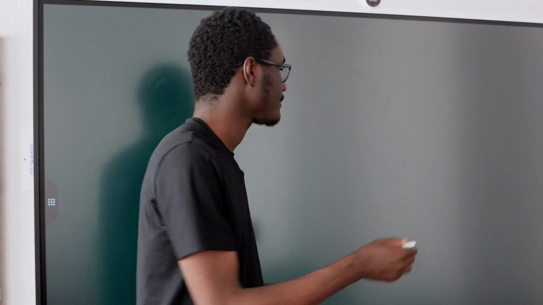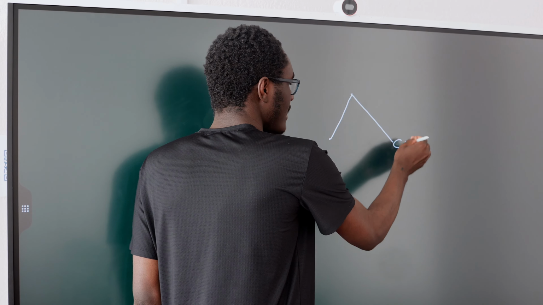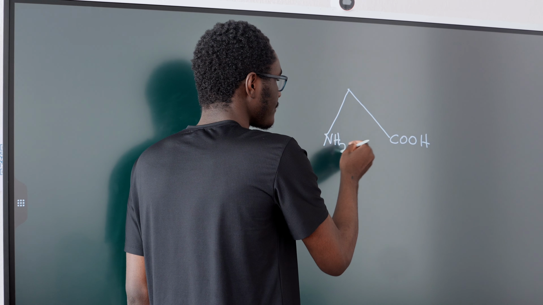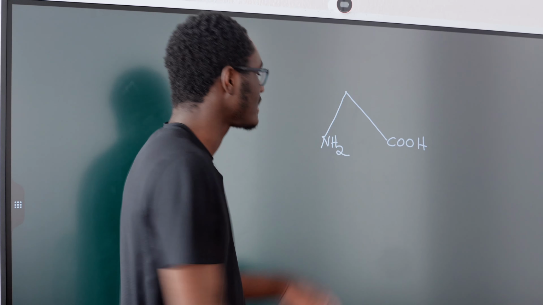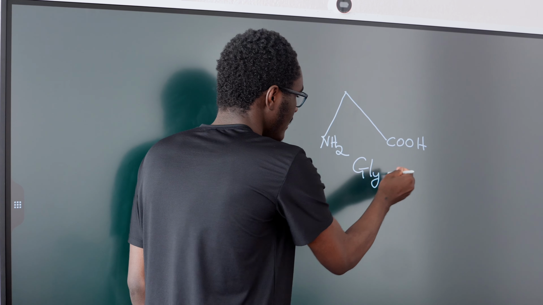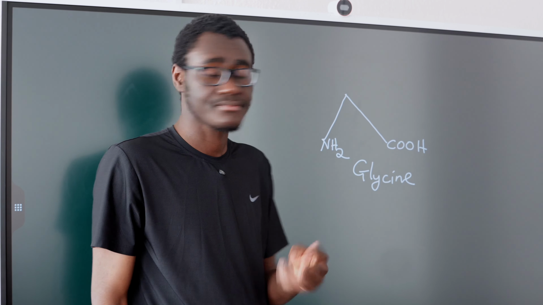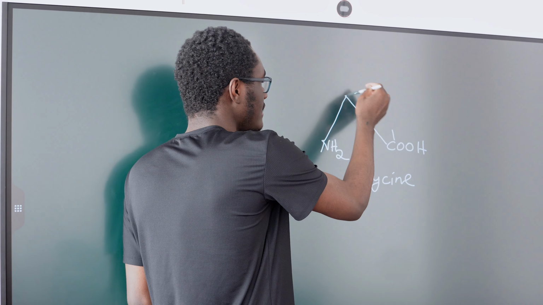The simplest amino acid that we have is glycine. Glycine has two carbons. We have the carboxylic acid group. We have the amino group. So as you can see, this is glycine. It has only two carbons, first carbon and second carbon.